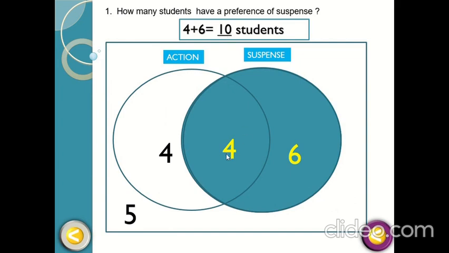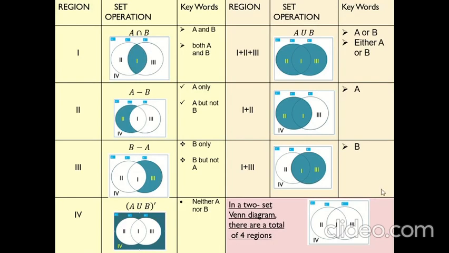So you have to add 4 and 6. So I hope all is clear to you where you will get your answer in these 4 regions or where to add the cardinality of sets in the diagram.